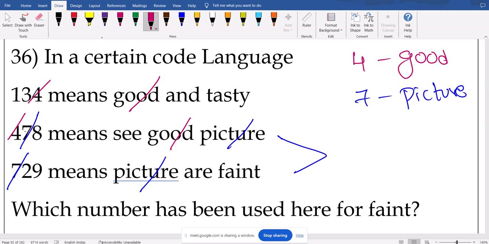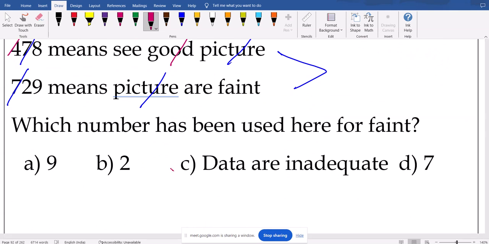Picture is mapped to 7. The position is not suitable. So data inadequate, or if you have the option, either 2 or 9. Some questions give either-or also. Some questions say cannot be determined, can't say, data inadequate, you opt accordingly. Right, so here option C, data inadequate.